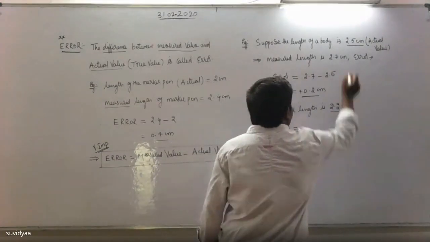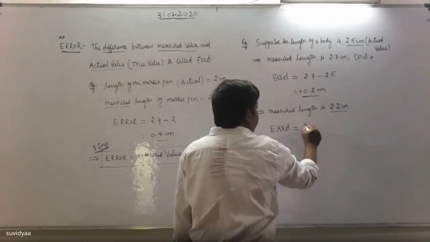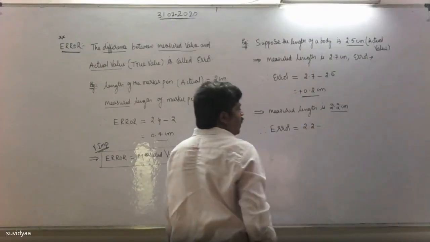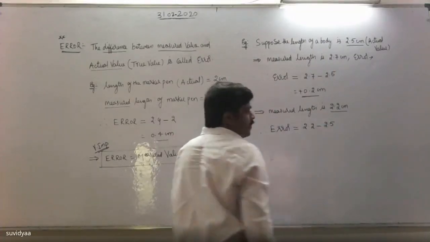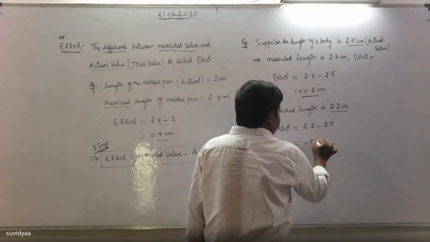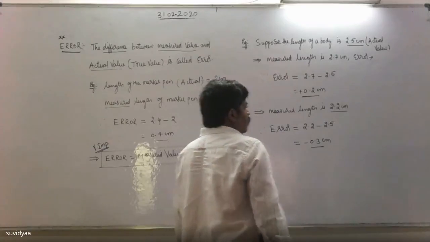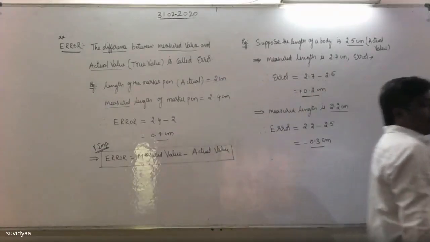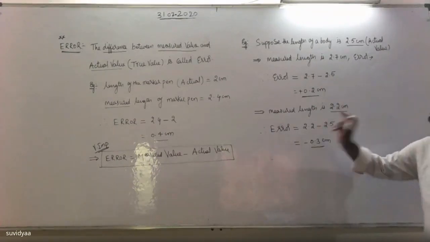Measured length minus actual length. What is the measured length? 2.2 minus actual, how much? 2.5. So how much are you going to get? Minus 0.3 centimeter. Understood?